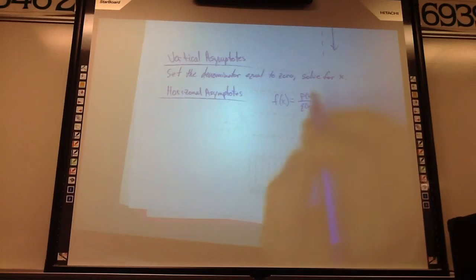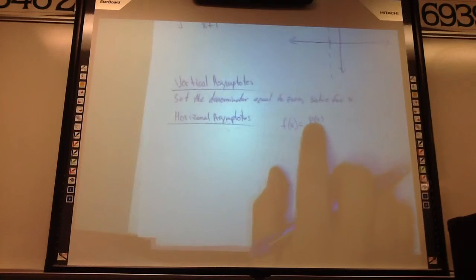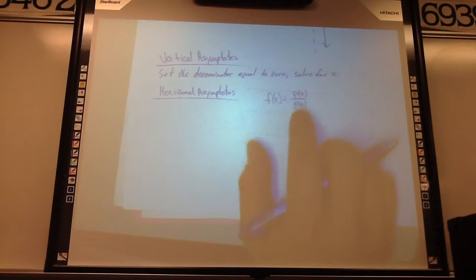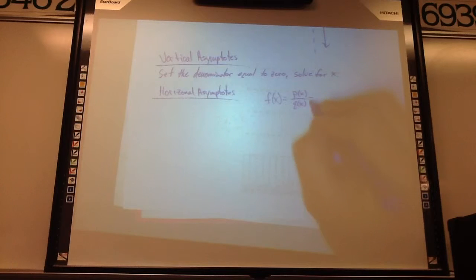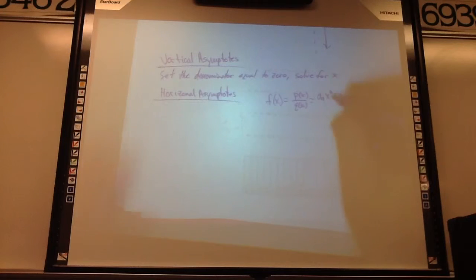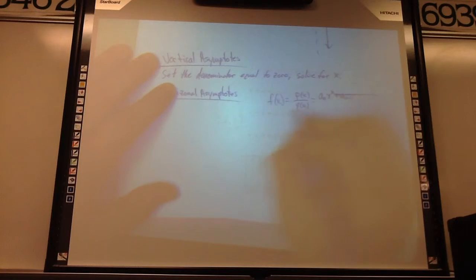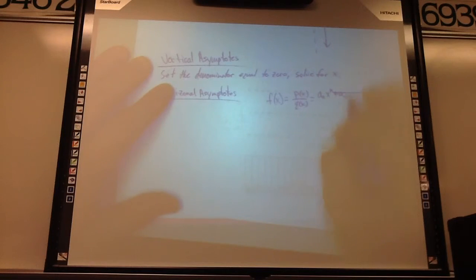It's a function over a function. It's like on this one. It's just saying, here's our numerator and our denominator. Let's just say on the top you're going to have a polynomial, a bunch of x's.